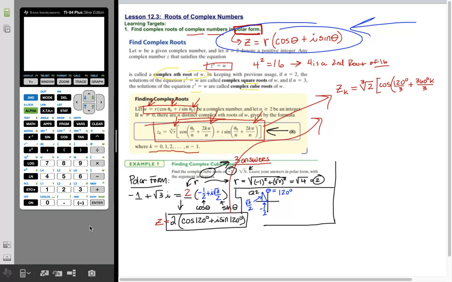Then I'm going to do pretty much the exact same thing, but with sine. I'm running out of space here, so let me try this again.